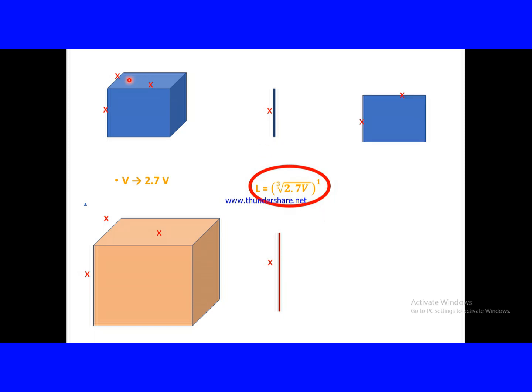Now the surface area of this plane is this. It's a two-dimensional object. Therefore, the surface area of the changed or enlarged cube is this. What is the surface area? First, I have changed the volume into a one-dimensional measure, that is the cube root of 2.7V, because its volume is 2.7V.